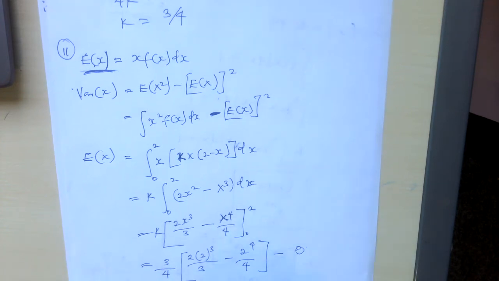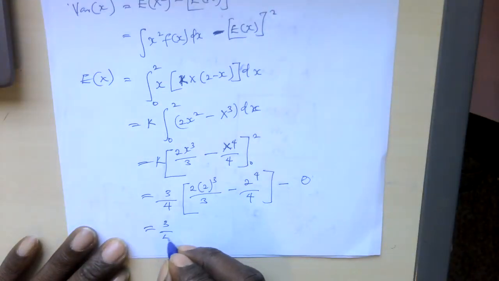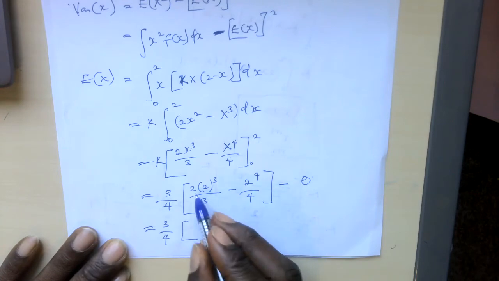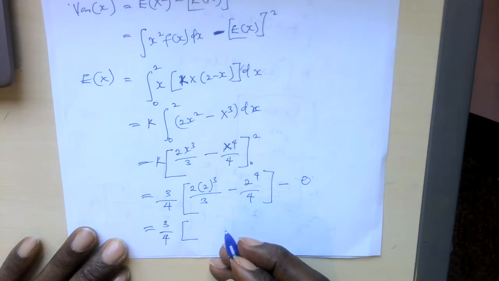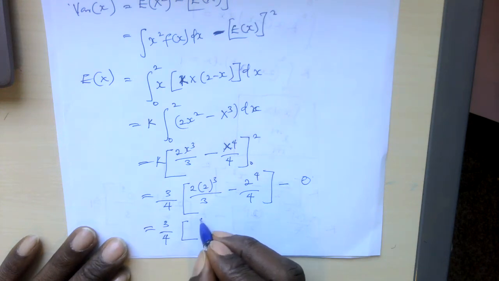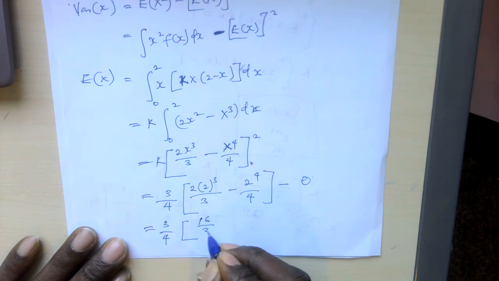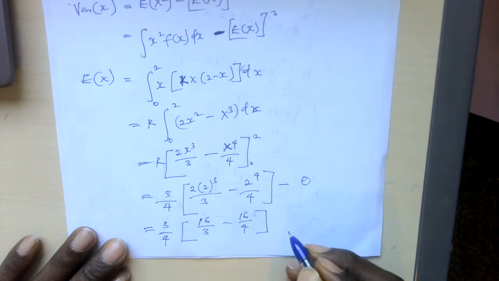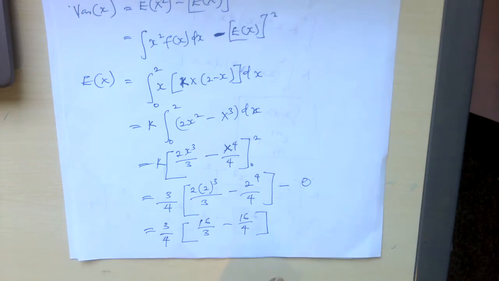So when you now do the algebra, 3 over 4, right? So this gives us 16 over 3, right? 16 over 3 minus 16 over 4, right?